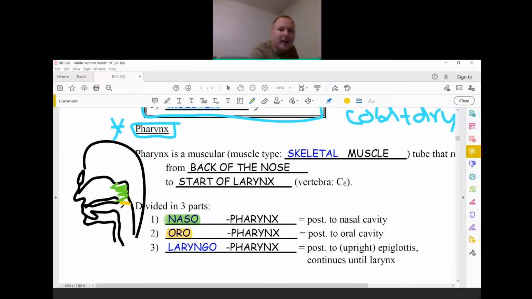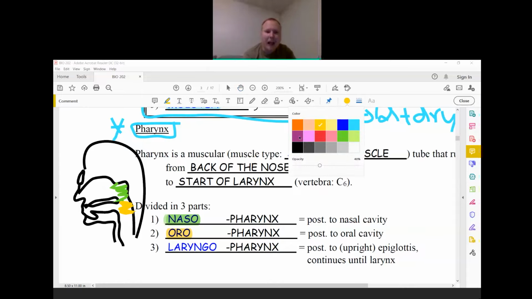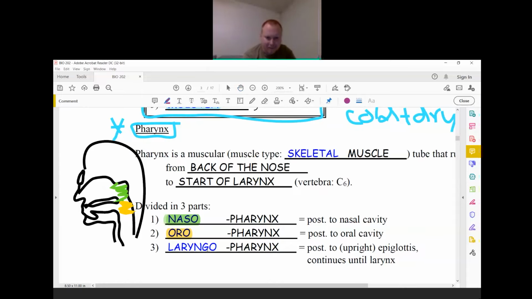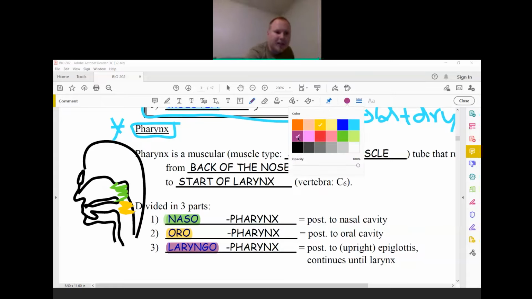And the final bit, the part before we get to the larynx, which is sometimes known as our voice box, is the laryngopharynx. So let's add that there. These three parts of the pharynx are labeled here on this sketch that we just did together.